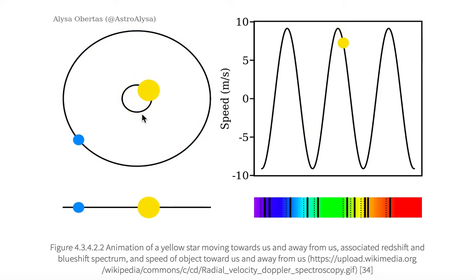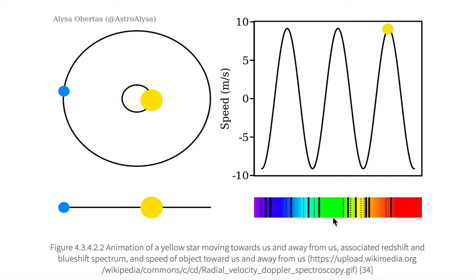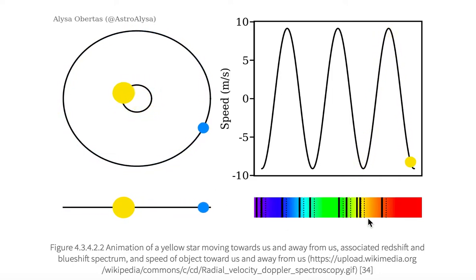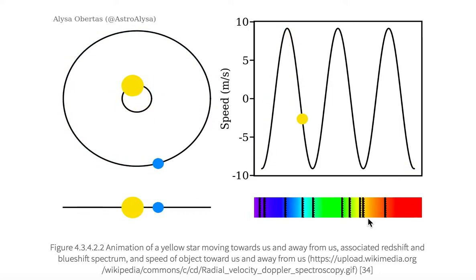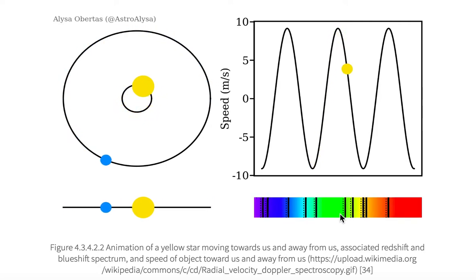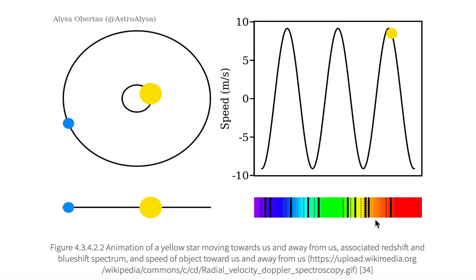Now, the light that's being emitted in the lab is these dash lines that you can see. So in the lab, we have a gas or gases, and they're being emitted, but the gases are not moving. And so you see the dash lines at the exact same wavelengths of how they would appear in the lab.